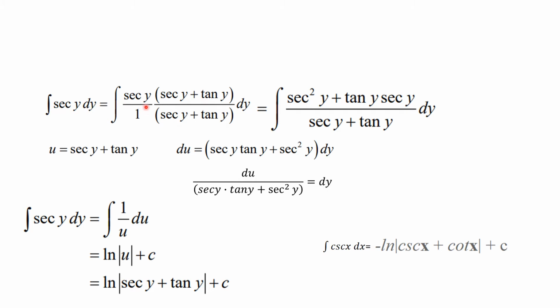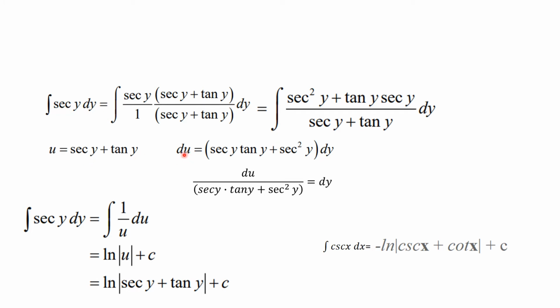Now when I distribute here, I get secant times secant is secant squared y plus, and then when I multiply by this one, it is going to be the tangent of y times the secant of y, and this is my denominator when I multiply across. Now, if I let u be the denominator, then I can take the derivative.